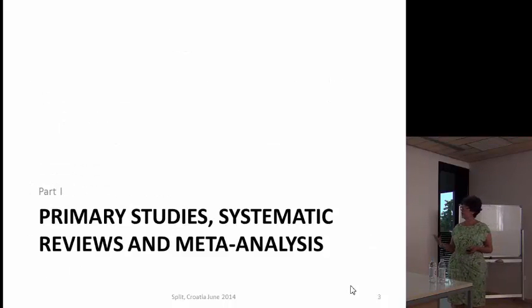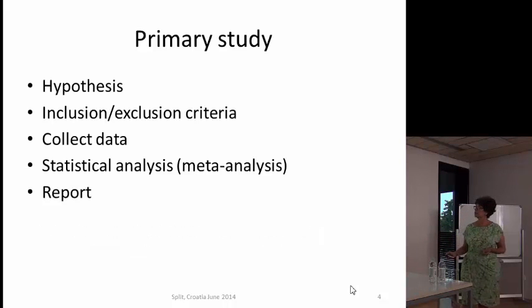So first, I want to talk about primary studies, narrative reviews, systematic reviews, and meta-analysis, and what they have in common and how they differ. I suspect everybody in this room is familiar with the features of a primary study. You generate a hypothesis based on theory or observation and/or experience.